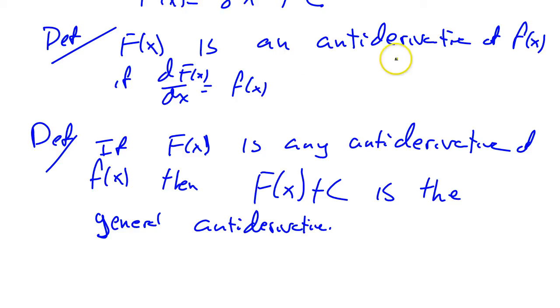A particular antiderivative is a function. The general antiderivative is a family of functions, because you're taking all the different possible values of c. For the time being, we're dealing with functions of real numbers and real outputs, so c is any real number here. So infinitely many.